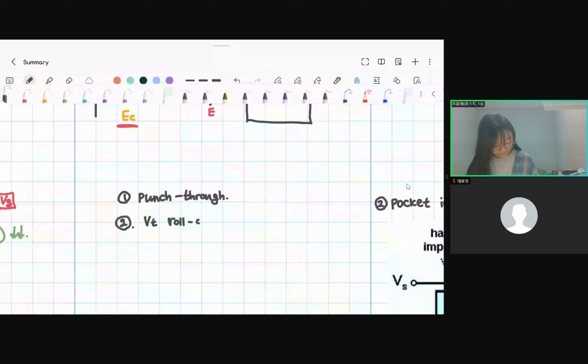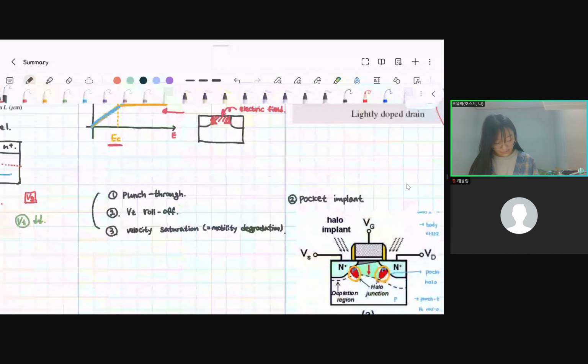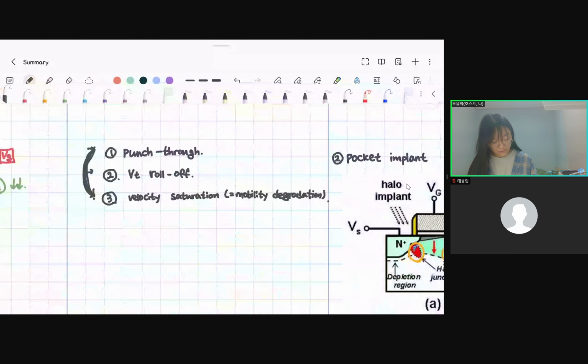The last is velocity saturation, which equals mobility degradation. Those are what we call the short channel effects.